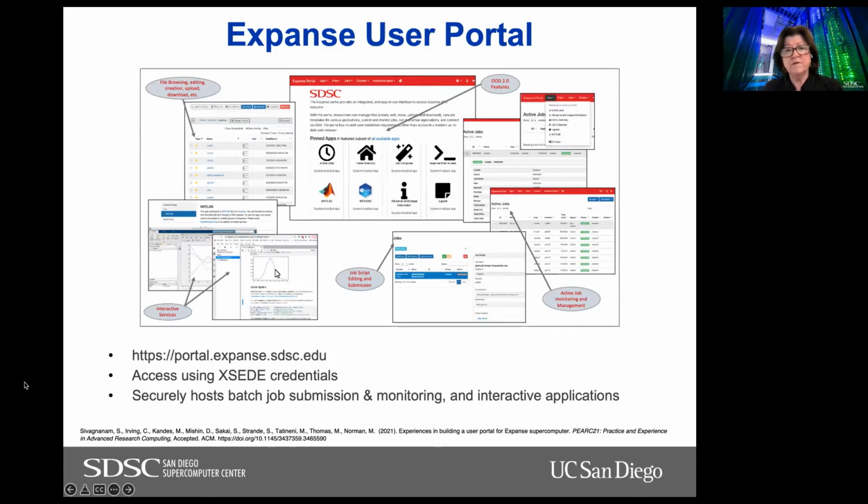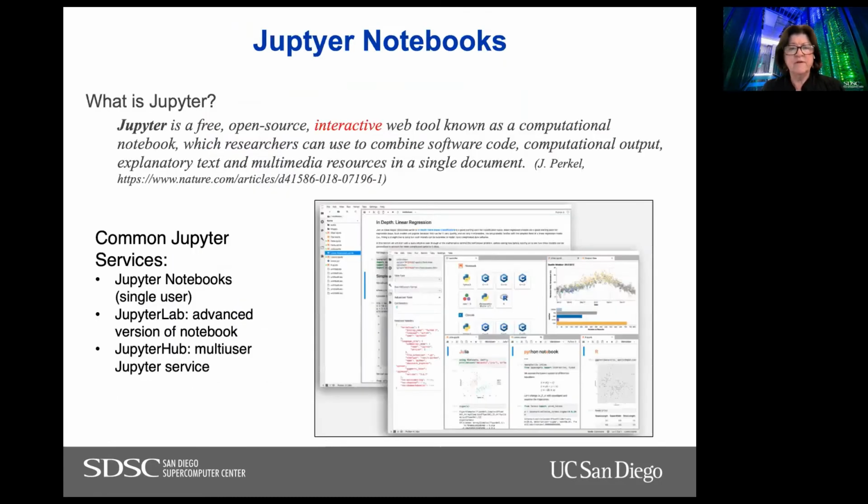So you can just log into the portal and get all kinds of work done, running jobs, and this is interacting again with Expanse. And the portal really simplifies your life, especially if you're a newbie. You can start learning and run jobs and get a lot accomplished. I have a link to that down at the bottom of the presentation. If you have an Expanse account, you can get onto the portal with your XSEDE credentials.